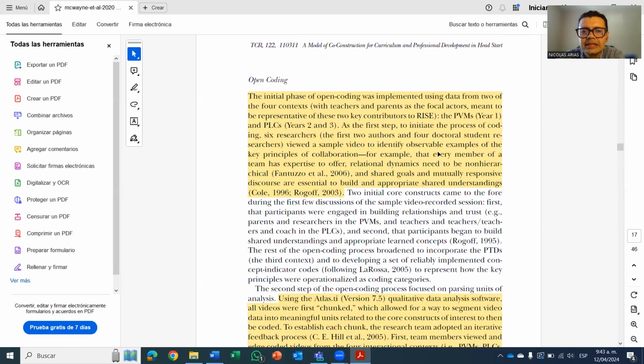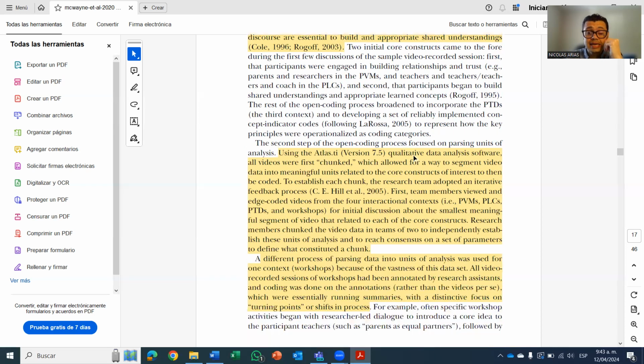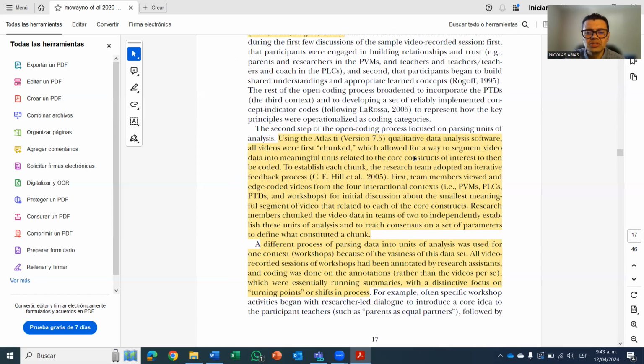They say that they had different phases for that. They have an open coding process, using Atlas.ti tools, and different processes with data units of analysis.